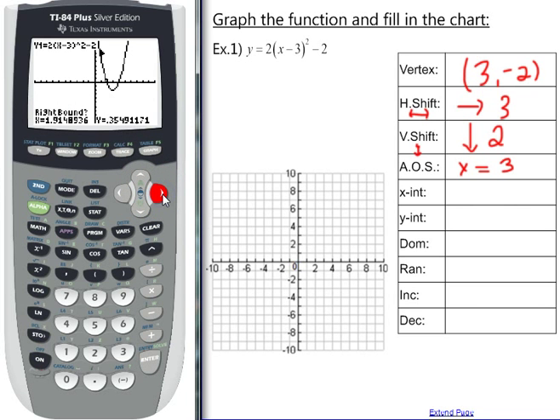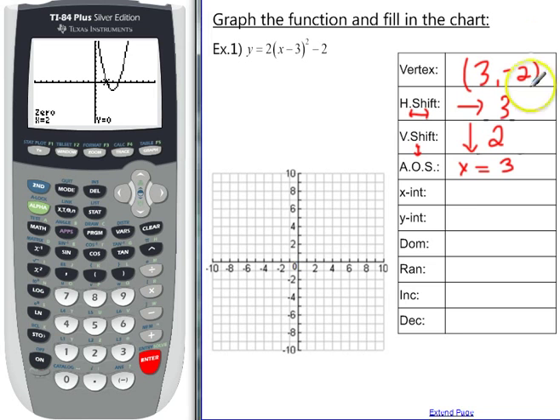So first, put your spider guide back at the X-intercept, and then move over to the right a couple times and hit enter. Then it asks to guess. You hit enter, and there's one of your X-intercepts. So we're going to go ahead and write that in. One of our X-intercepts is 2, 0.